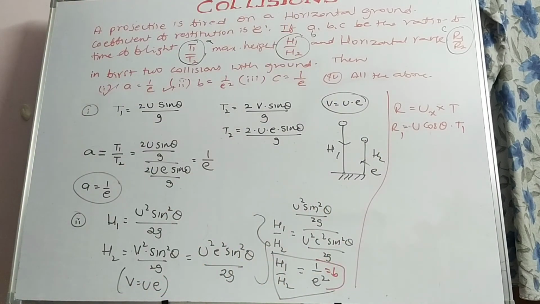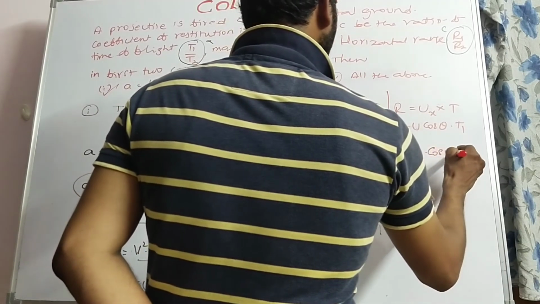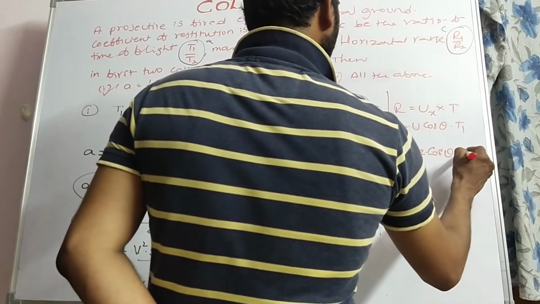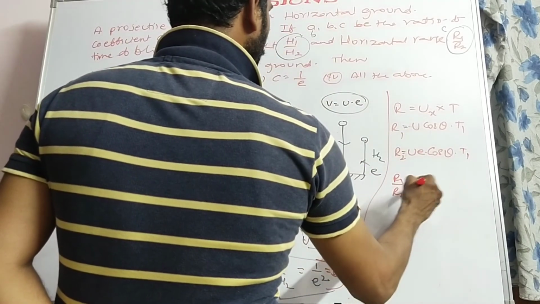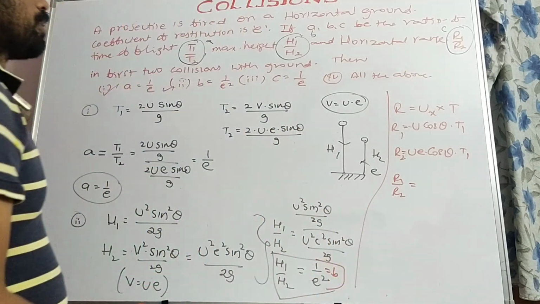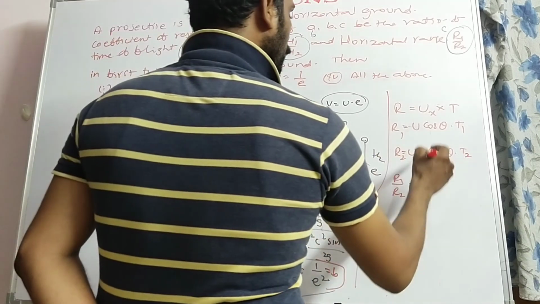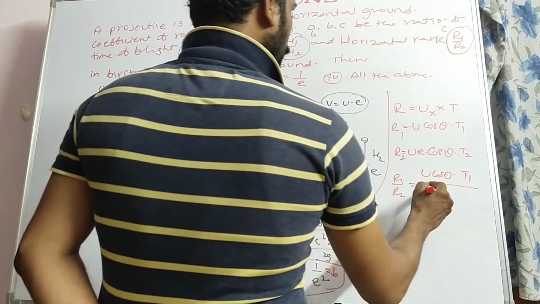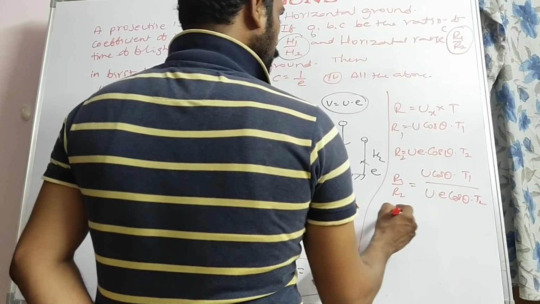After hitting the ground, we can write R2 is equal to u e cos theta into T2. Now R1 by R2 is equal to u cos theta into T1 by u e cos theta into T2. u cos theta gets cancelled.